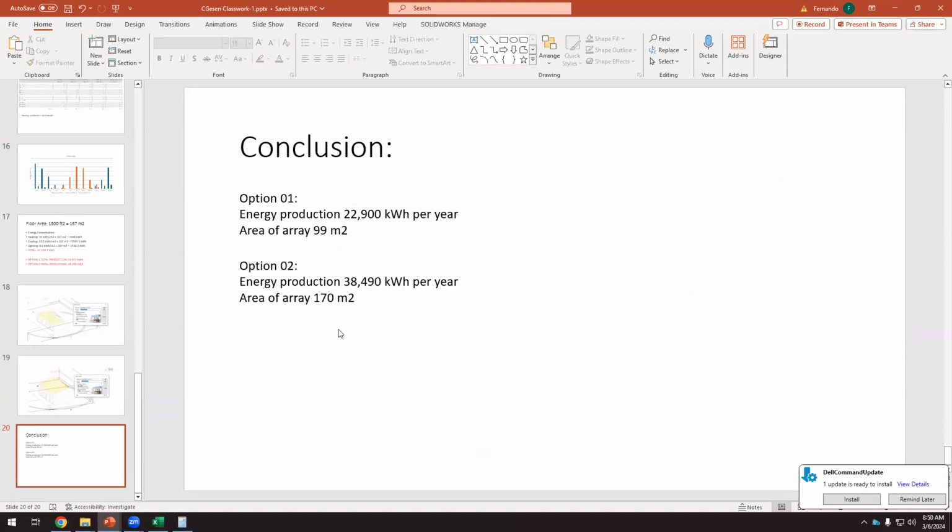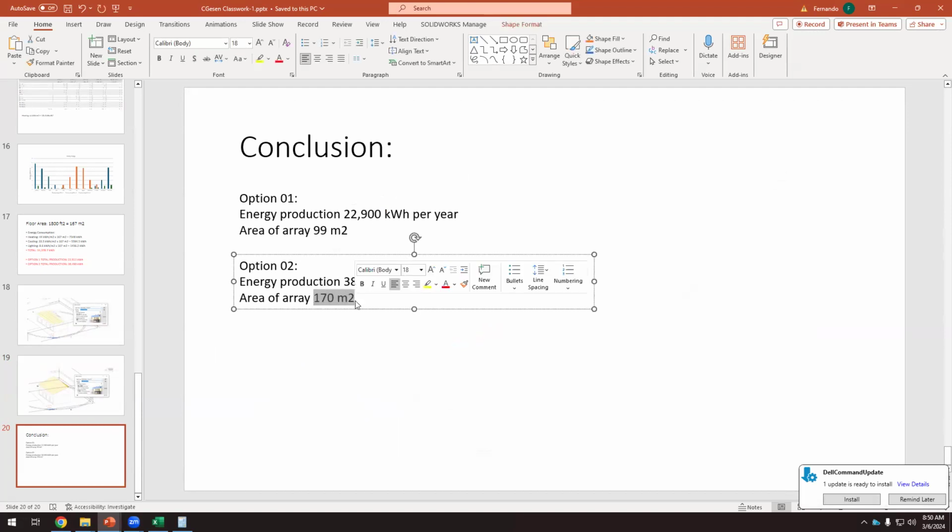Okay, so we have more production with the second option because the PV array is larger. It makes sense. But now we have to offer our client 2 options because this is better in terms of energy production, but it's way more expensive because we have almost double the area that we have here.